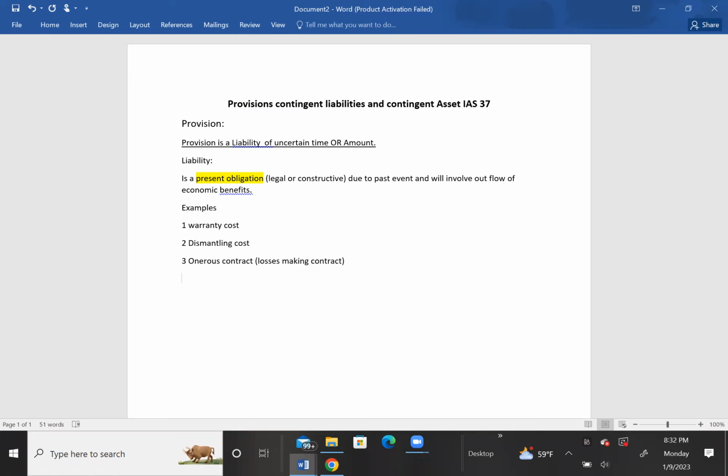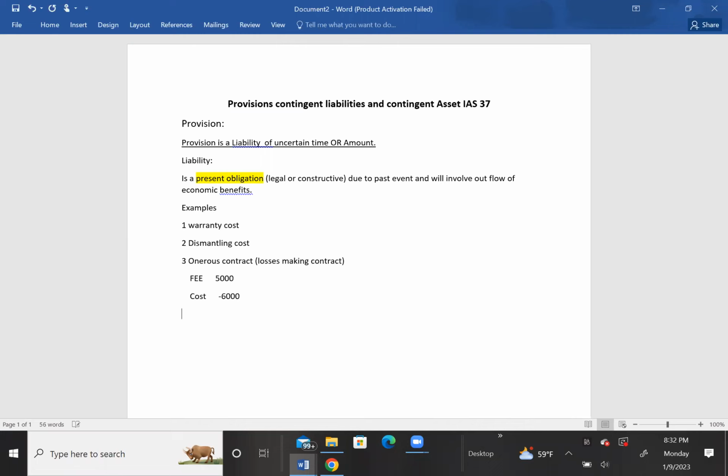For example, I have signed a contract and I agreed a fee of $5,000. But when I determine the cost to fulfill the contract, the cost is expected to be 6,000.